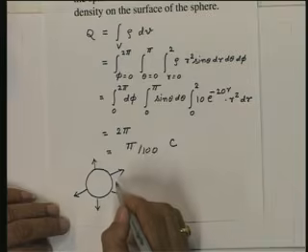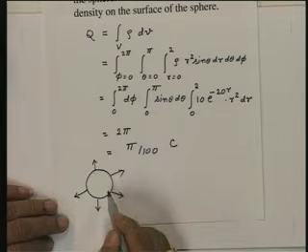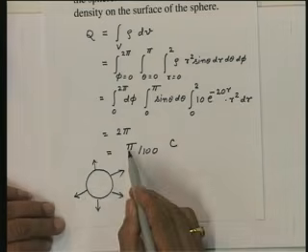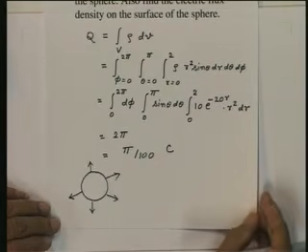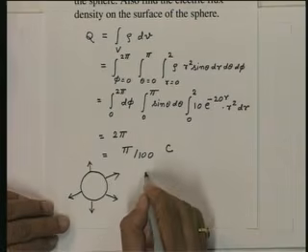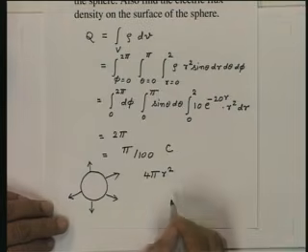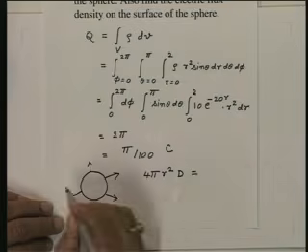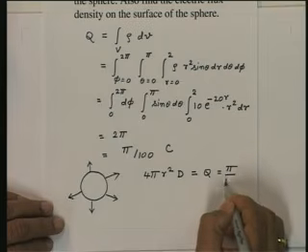So, now we can find out the electric displacement on the surface of the sphere, which is nothing but the total charge enclosed, which is this charge Q, which is pi upon 100. So, if you want to find out what is the electric flux density on the surface of the sphere, essentially we have 4 pi r square, where r is the radius of the sphere, multiplied by the density, is equal to the total charge enclosed, which is Q, equal to pi upon 100.